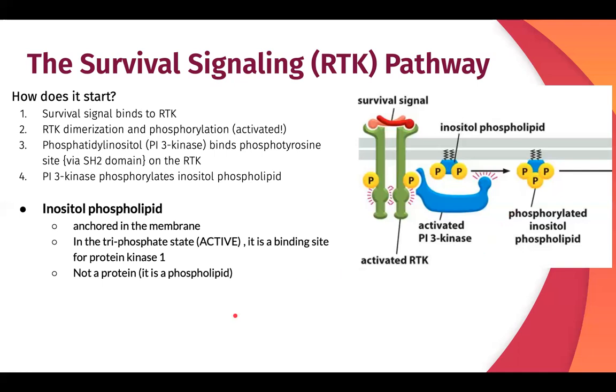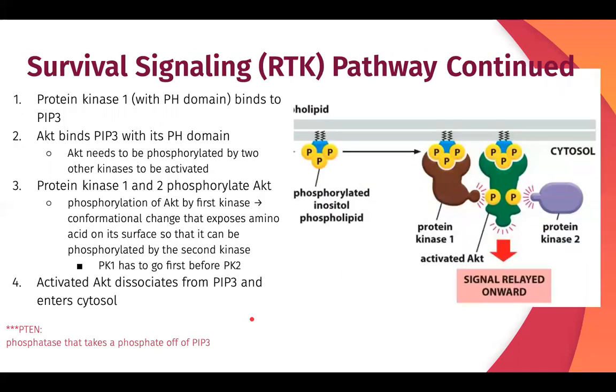And so when that becomes a binding site, then protein kinase 1 comes in to bind to PIP3. This has a PH domain, which is the domain that binds the 3 phosphates on PIP3. I think that's unique. I don't think we see any other PH domains.